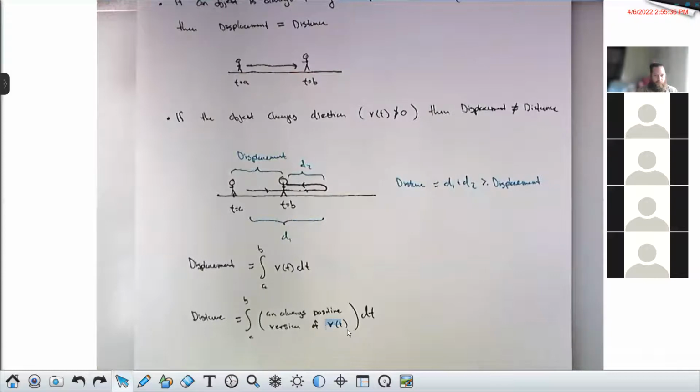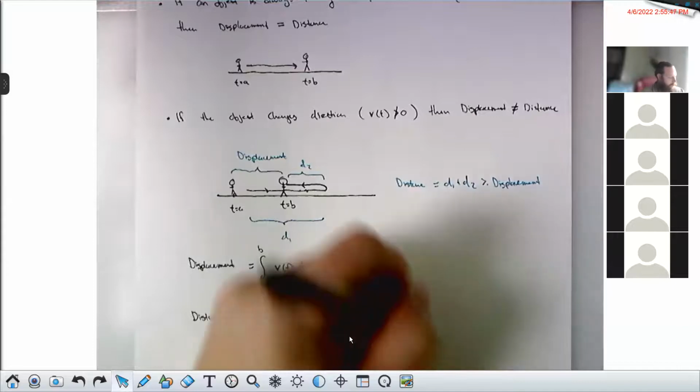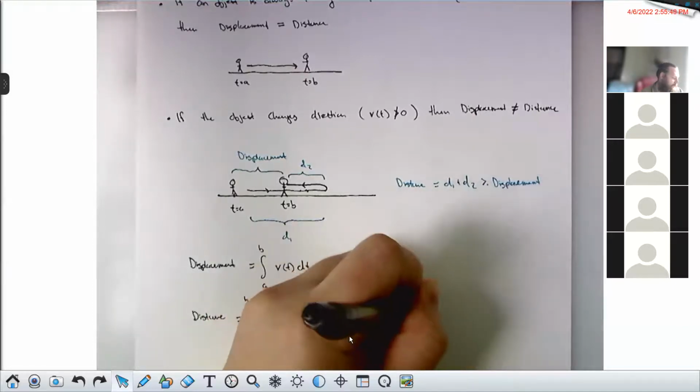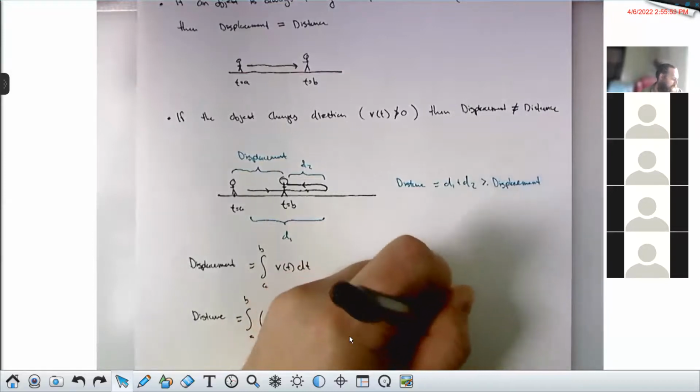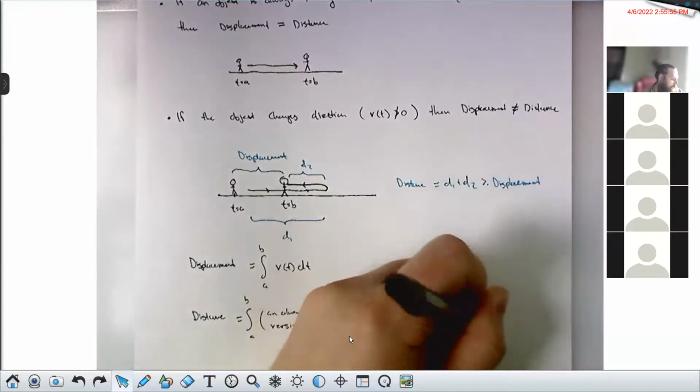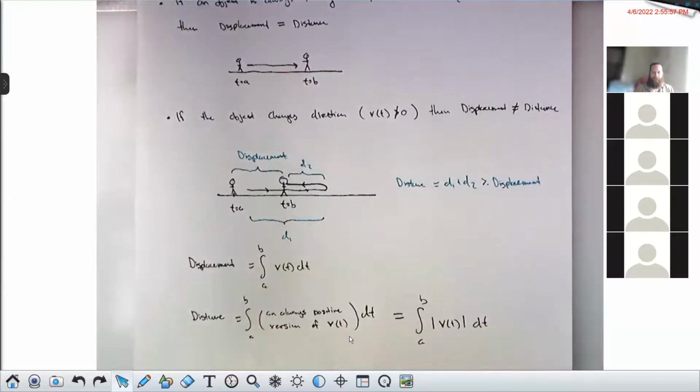Okay, if I give you some function and I say, find me a version of that function that is always positive, what does your brain want to do? Absolute value. Yes. To get your distance traveled, you don't integrate the velocity. You integrate its absolute value.